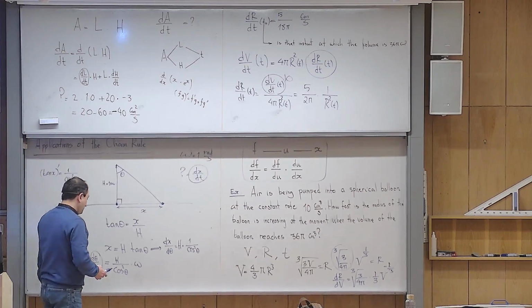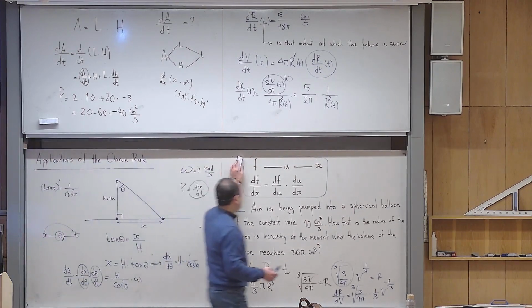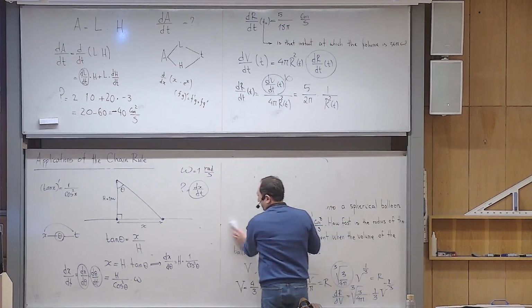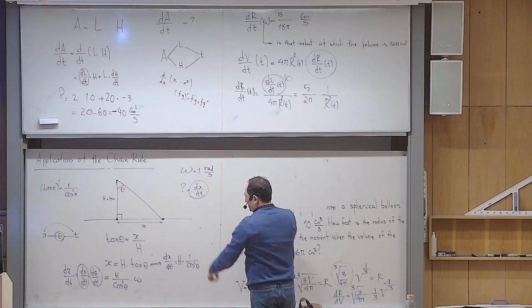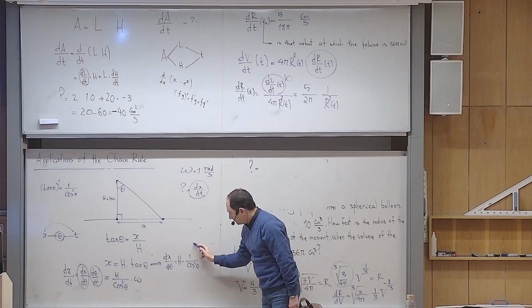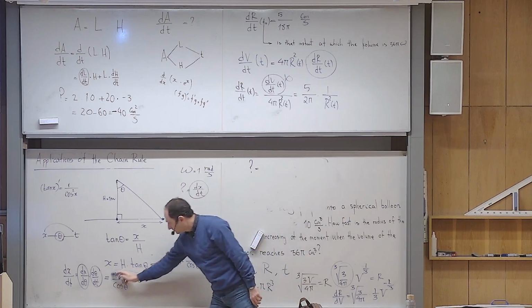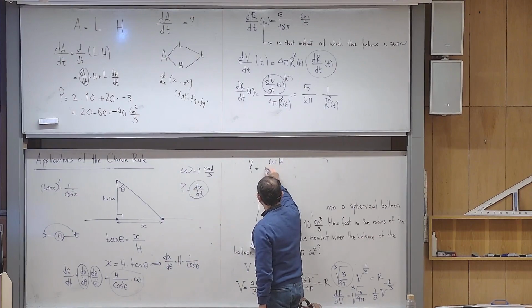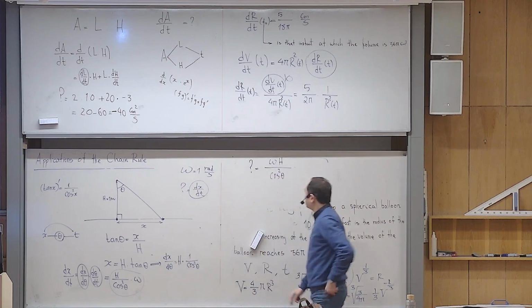Okay, so this becomes omega. Then we can finally answer the question. The question mark is equal to omega times h divided by cosine squared theta.